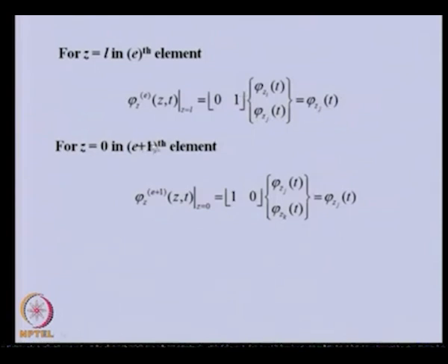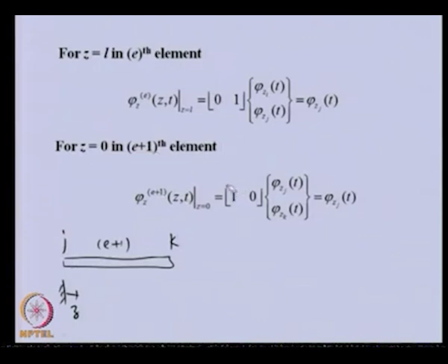Now, if you take element E plus 1, the jth node location, this is the E plus 1 element. The local coordinate again starts from the same point here, but the nodes are j here and k here. So, you can see that for element E plus 1, the jth node is at z is equal to 0. That is why we predict the field variable at the jth node by putting z is equal to 0 in the E plus 1th element equation.